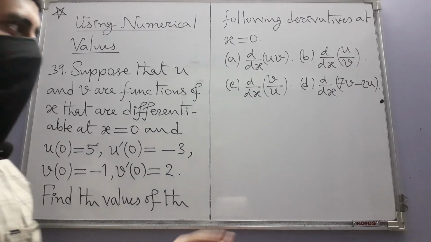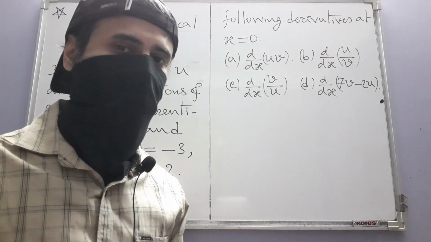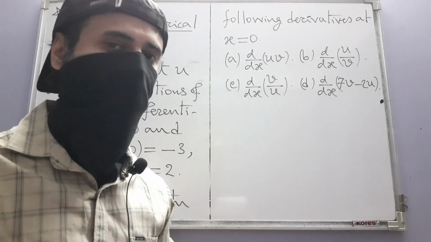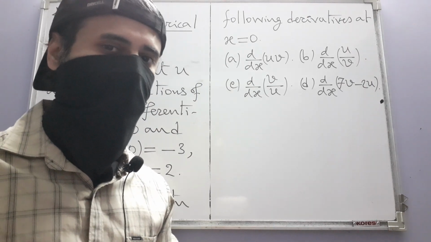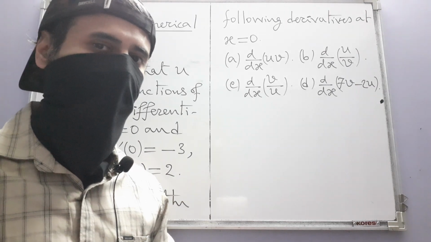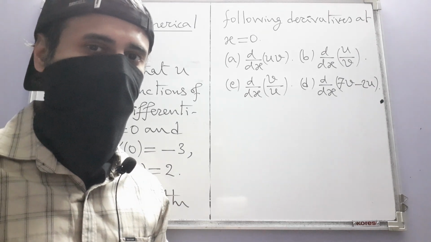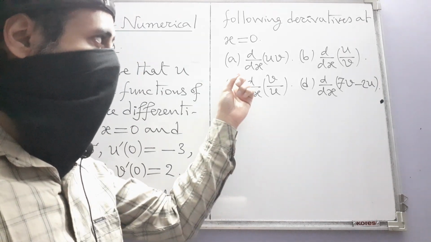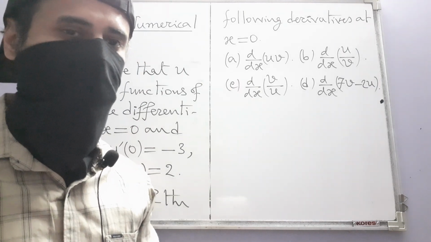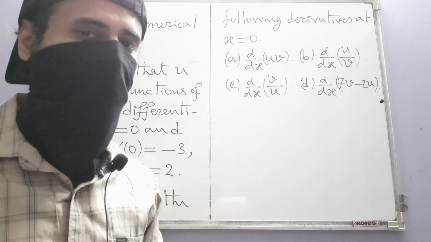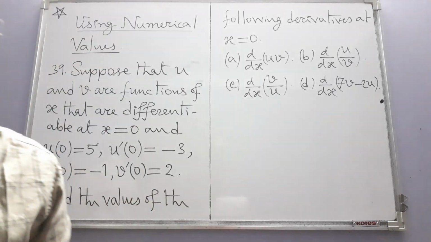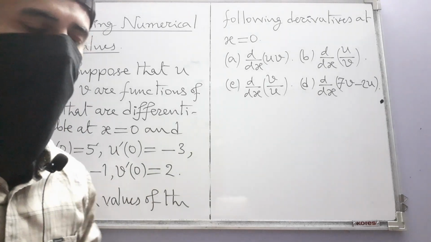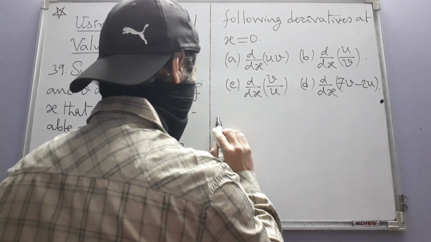So this means, unlike the other problems that we already have solved, where say you have a product of two polynomials, if you wish you can do the multiplication first and then you can use your sum rule, power rule, those things to find the derivative. Here, however, you have to use the product rule because you don't really know what these functions are. So that's the only option here. Just like that, in these two parts, you have to use the quotient rule. Okay, so let's see the solution.